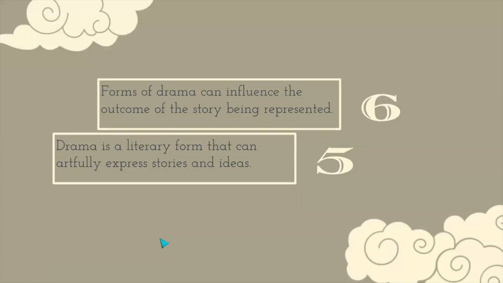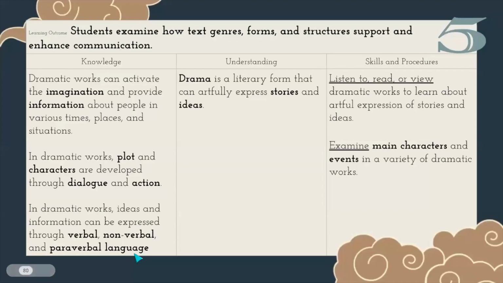Remember that we're just getting a taste, okay, of drama as a literary form, and baby steps and small tastes. So in grade 5, they need to understand that it's a literary form. So it's a text that gives us stories and ideas. What they need to understand is that the main characters and the events in a drama piece are developed through the dialogue and the action.